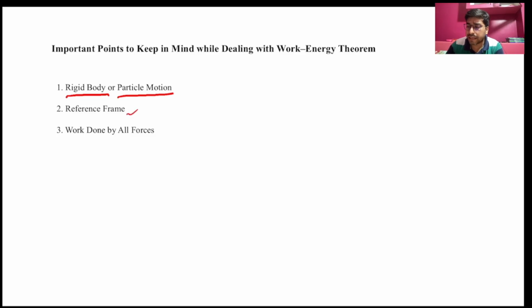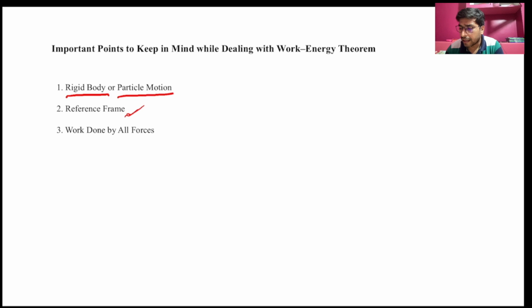Second thing we have to keep in mind is the reference frame. If we are calculating work done on an object from a non-inertial frame of reference, at that time work done by the pseudo force also you have to keep in mind.